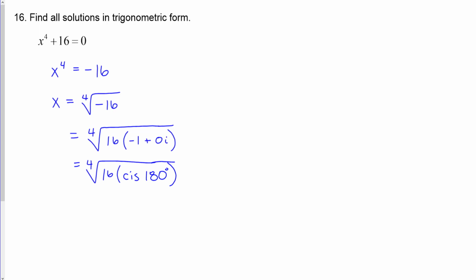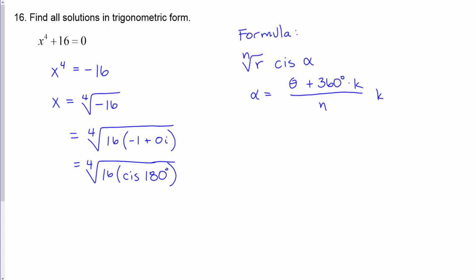Now, the formula here that we work with is that this becomes the nth root of r, CIS alpha, where alpha is theta plus 360 degrees times k divided by n, and k goes from 0 up to n minus 1.